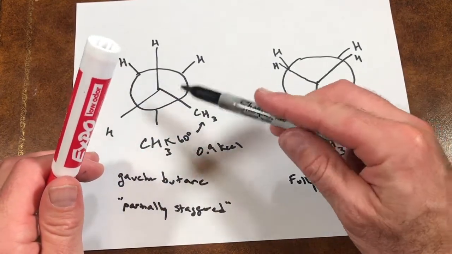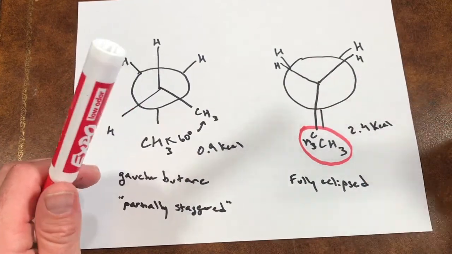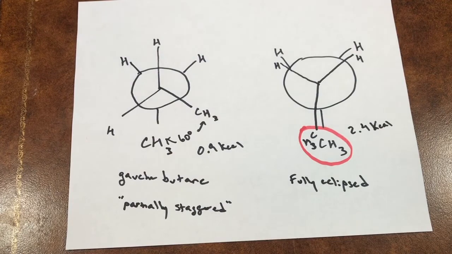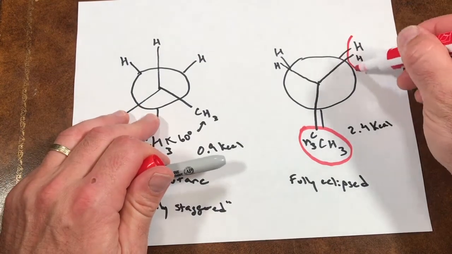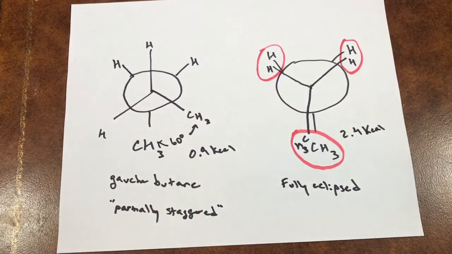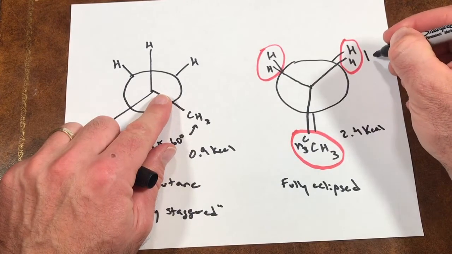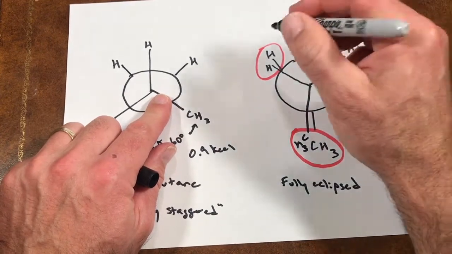Oops, I forgot to add up the energy of our Gauche butane here, so I'll do that in just a second. You'll notice that the torsional strain due to different types of interactions have different kcal values. We know that each one of those HH eclipsing torsional strain energies is right about 1.0.